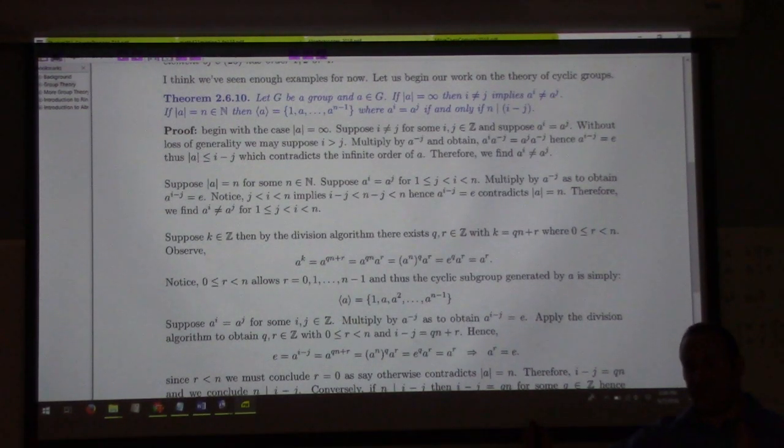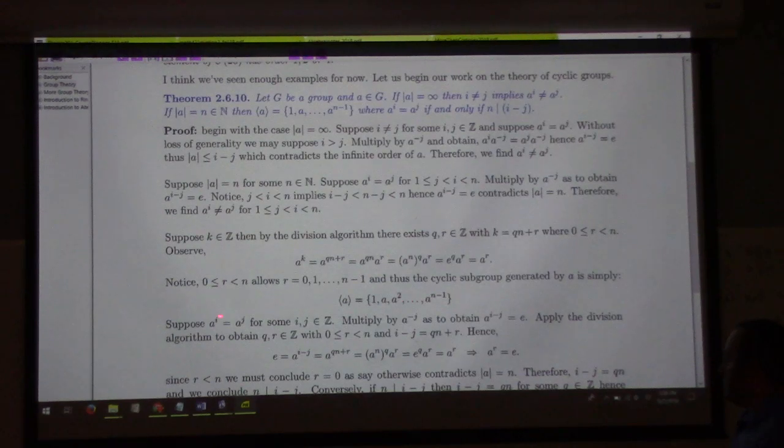But who's to say that as you look at all possible powers of a, there's not something more beyond those, right? That's what this division algorithm argument is showing, is that that's it. That is a complete list of the powers. Anything beyond that can be simplified to that.